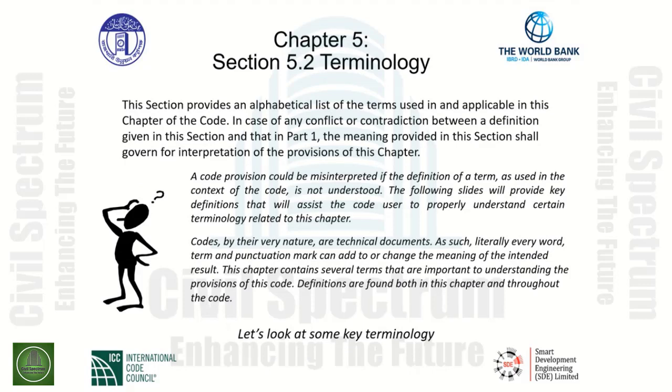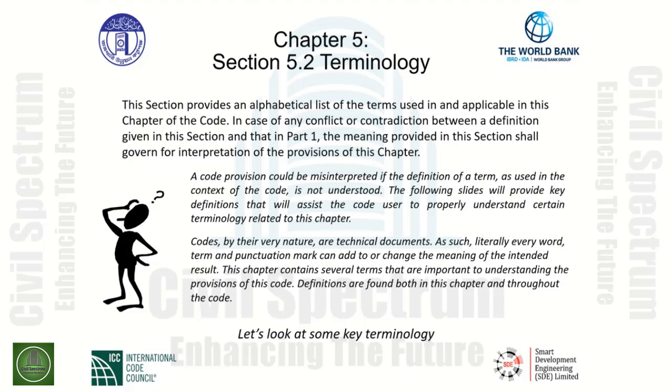Chapter 5, Section 5.2, Terminology. This section is very important that we understand the language in the code that we need to follow for water supply requirements. Many terms and sets of words have a very specific meaning based upon the code section requirements and tables listed in this particular code.